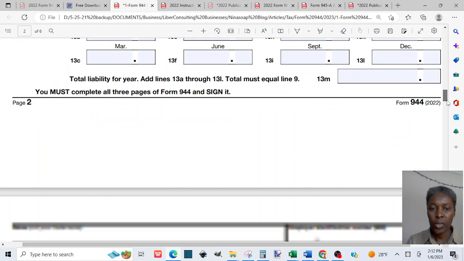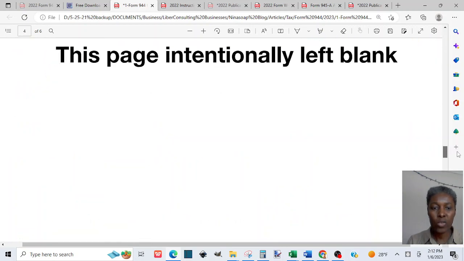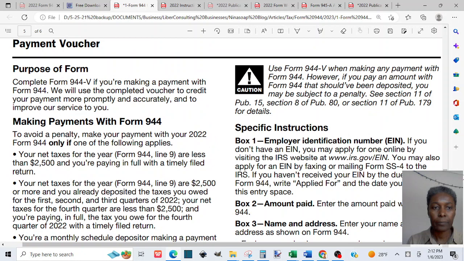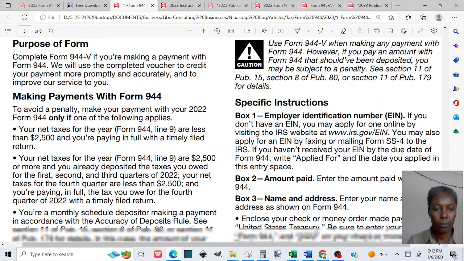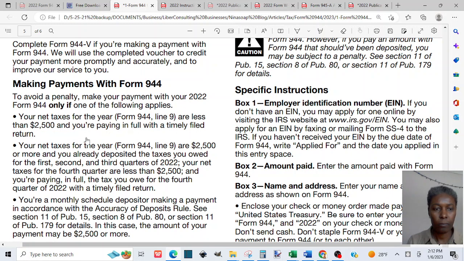So if your line 11 balance due is, okay, here they are saying line 9.